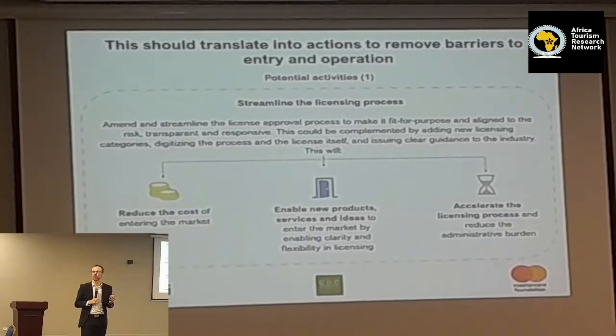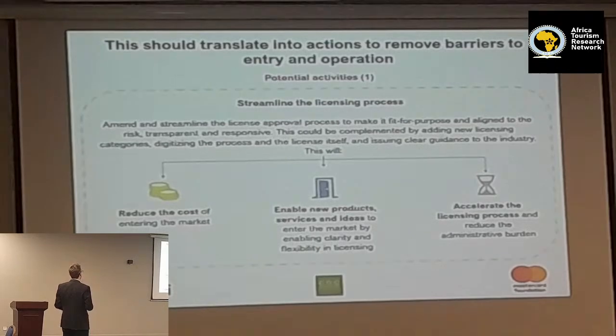These are the ways in which we can enhance the operations, the efficiency, and reduce the cost of operation across the sector. So, reducing the cost in the market, enabling new products, services, and ideas, and encouraging new ideas that are going to shape the way, things that we may not have thought about, but that as businesses we can adopt as well. Demonstration cases of what can work, what doesn't work as well.